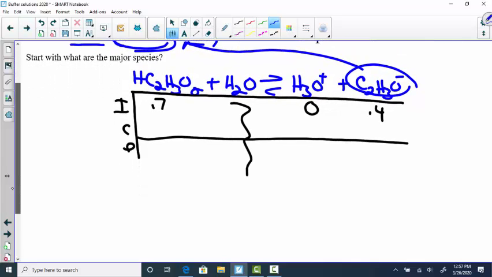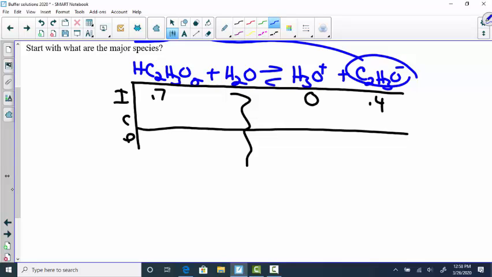And now, hopefully you just recognize that this is a common ion effect problem. That's all this is. So we continue with minus x, x, and x: 0.7 minus x, x, 0.4 plus x, and we solve.